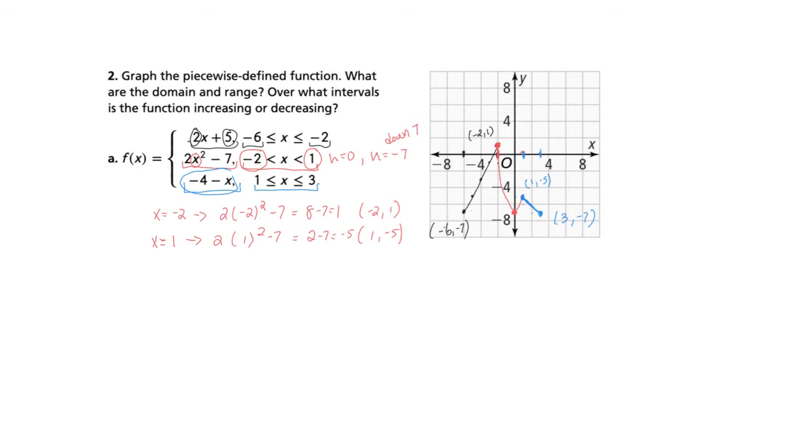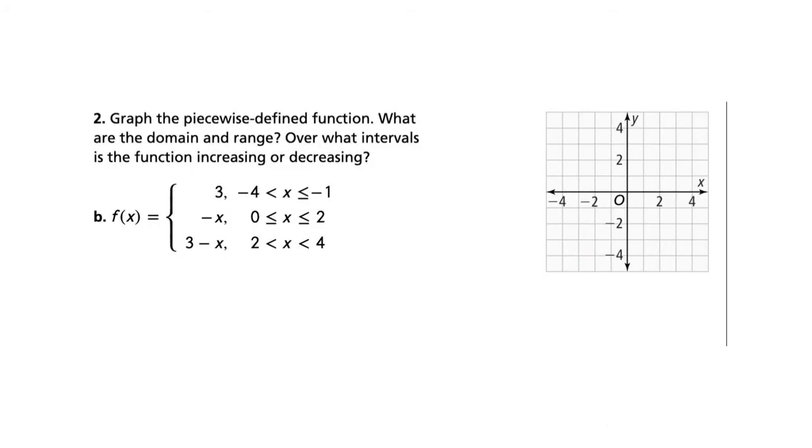Okay, so what I'm going to have you do is try the next one on your own. So we look at this. This says graph from -4 to -1, from 0 to 2, and from 2 to 4. Okay, this is just saying y equals 3, so that's a straight horizontal line at y equals 3.